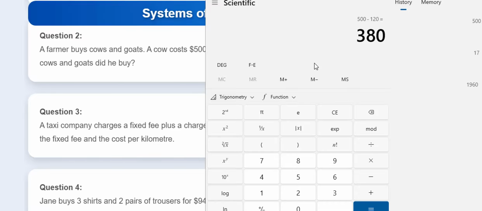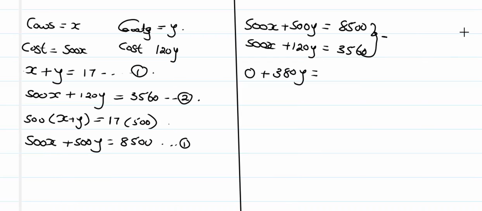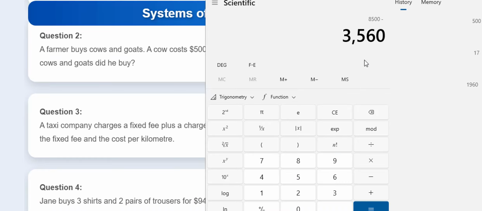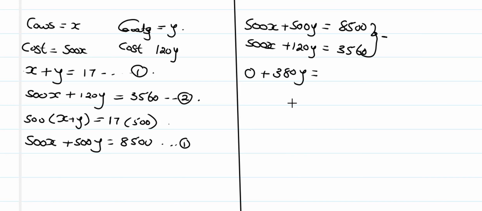So we can take 8500 minus 3560. I hope it's 3560. Yes. So we do have 4940. Now that becomes 4940, like that. So to get y, it will mean 4940 divided by 380, because this 0 plus 380 is just 380y.